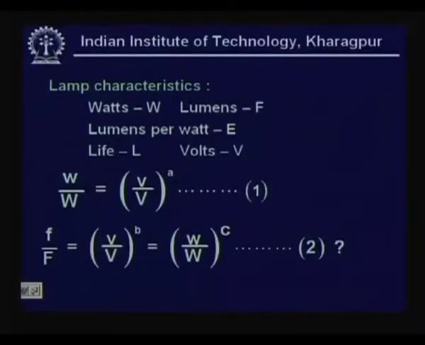The other alternative: the lumen output vis-a-vis voltage and the wattage is related through equation 2, which is raised to the power b and c. So, we have come across 3 exponents, exponent A relating the power consumption vis-a-vis the applied voltage, and B and C relating life to the voltage and wattage.